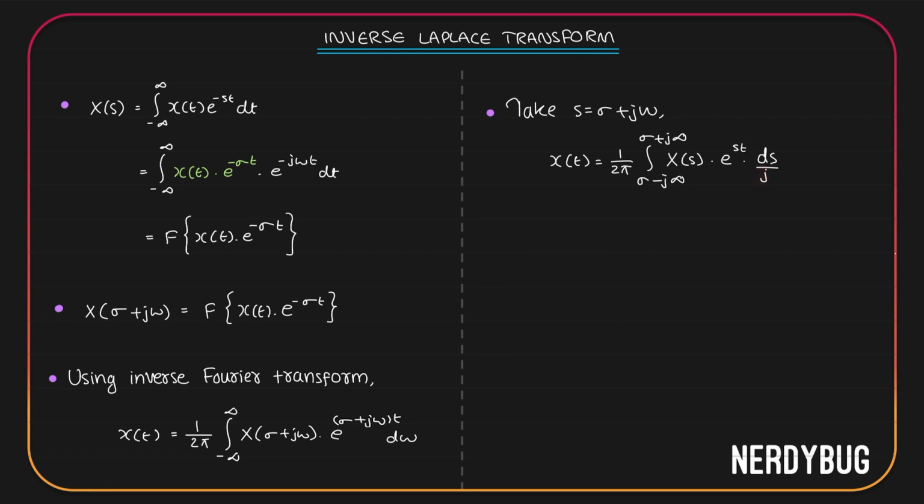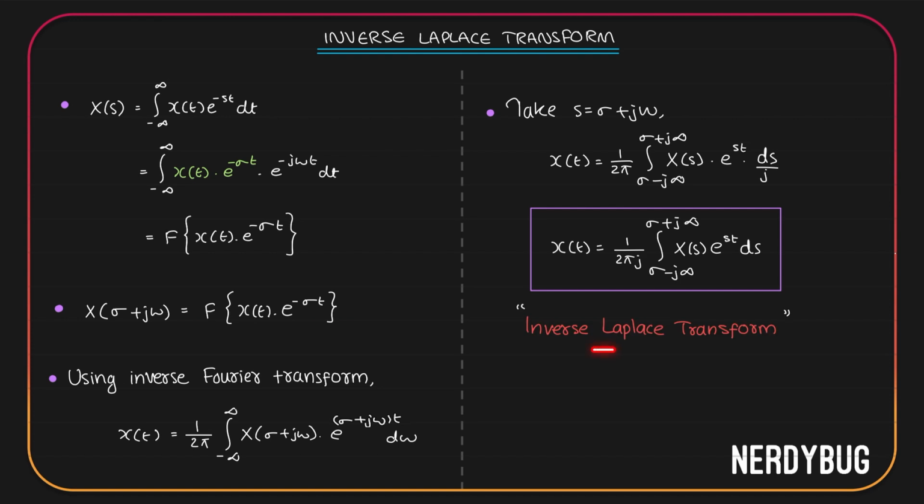We can take j from here to here because it's a constant. So finally, we get x(t) = 1/(2 pi j) times the integral from sigma - j infinity to sigma + j infinity of X(s) e^(st) ds. Now, this is what we call the inverse Laplace transform.